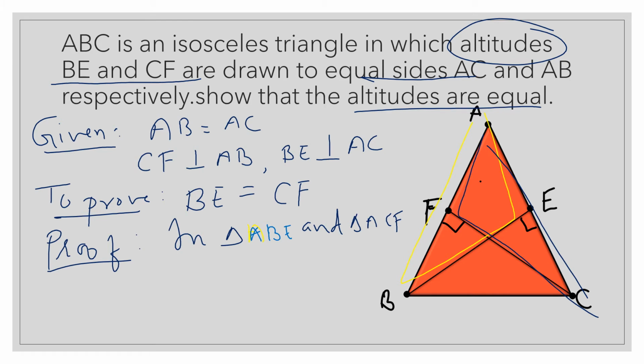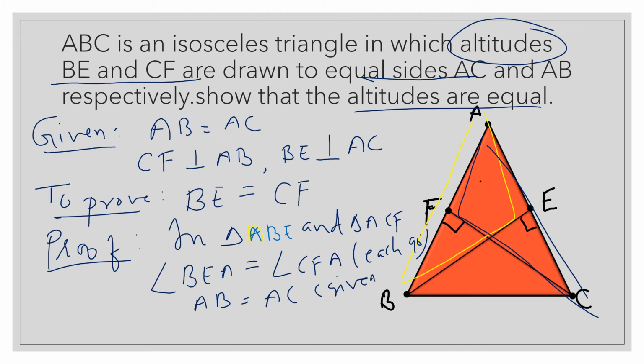Then can you write down angle BEA is equal to angle CFA, because each is 90 degrees, these are altitudes. The second important thing is AB is equal to AC. These two things are already given. Find out the third thing. A is equal to A, which is common vertex. So common angle in both.